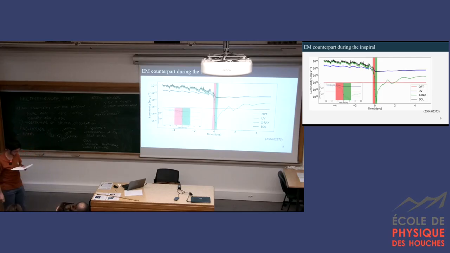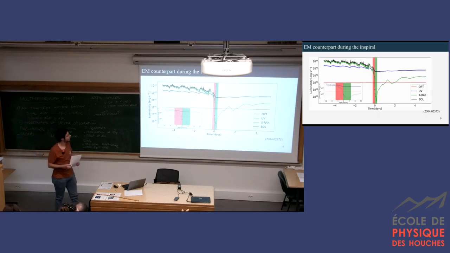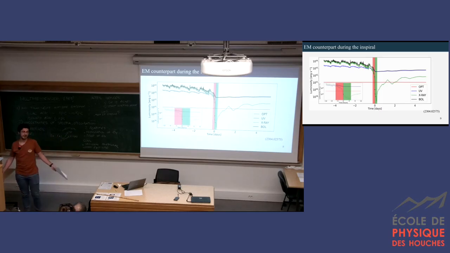Question on the back. Yeah. So if I look at this figure, it's very clear that the clearest signal will be in the X-ray band, right? Because the other bands are changing rather less around the merger time. Yes. So would this be a strong argument to have an X-ray telescope in the sky at the same time as LISA launches? Technically, that's the idea of Athena.